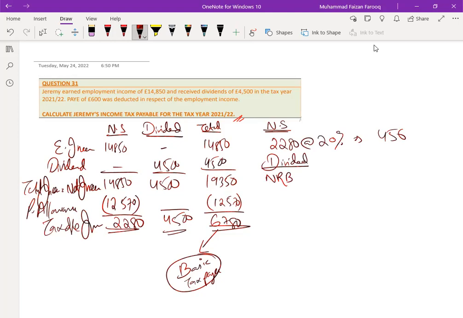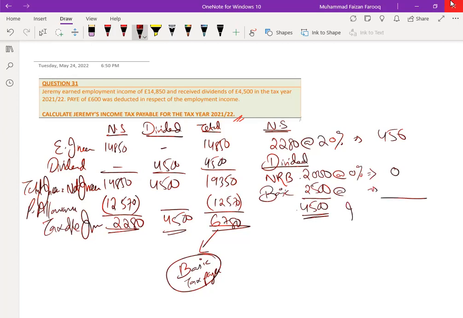The limit for the nil rate band for dividend, whether higher, basic, additional, whatever the taxpayer status is, will be 2,000 only. Out of 4,500, 2,000 falls under the nil rate band. So what is the leftover? This guy is a basic band taxpayer, so 4,500 minus 2,000 is 2,500. It will fall under the basic band, and we have income tax liability.